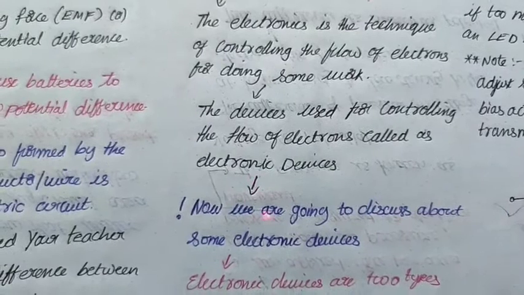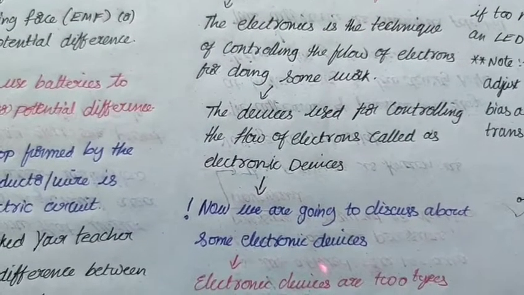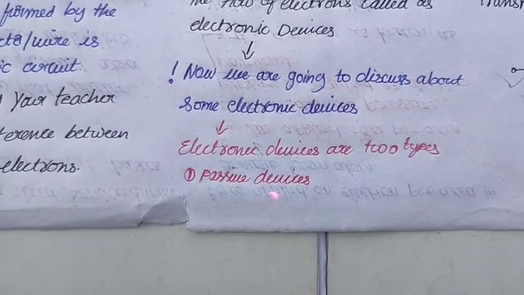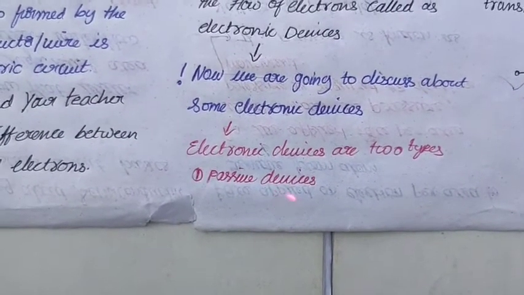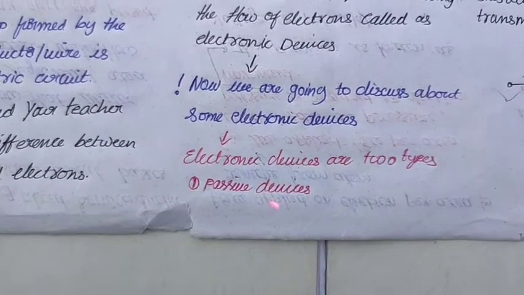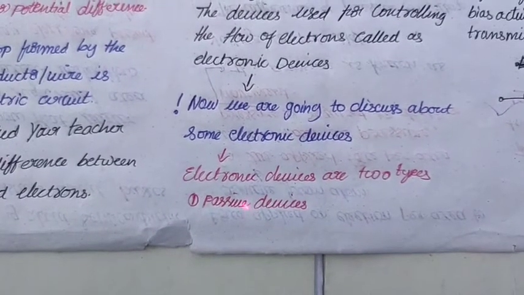Now we are going to discuss some electronic devices. Electronic devices are of two types: passive devices and active devices. I will not talk about active devices in this video because I have to focus more on passive devices.